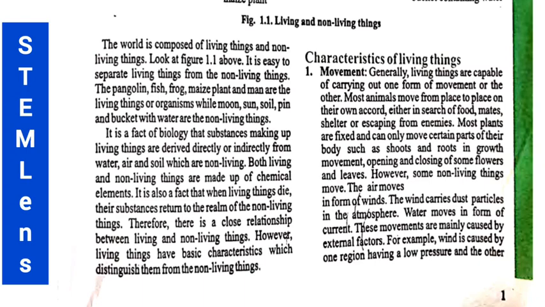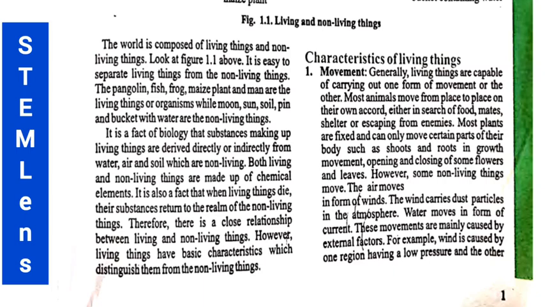The sun is a non-living thing, of course, in the presence of gases such as carbon dioxide and water. Now it produces food, and as well respiration occurs, such as in the case of man, we breathe in oxygen, breathe out carbon dioxide. You can see the interrelationship between living things and non-living things.